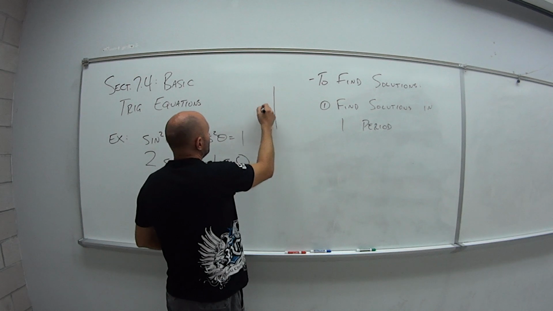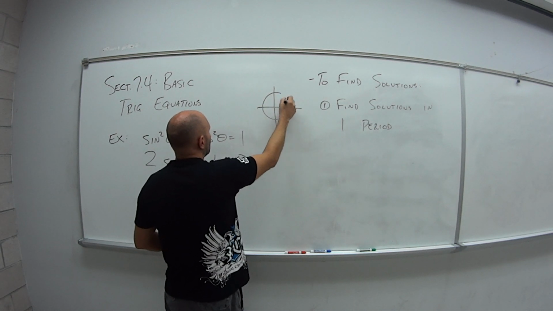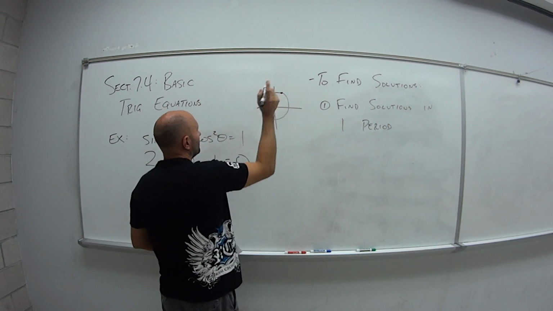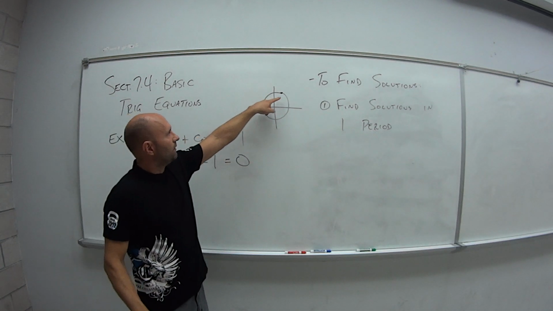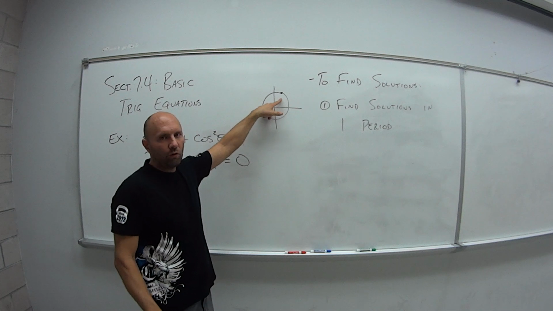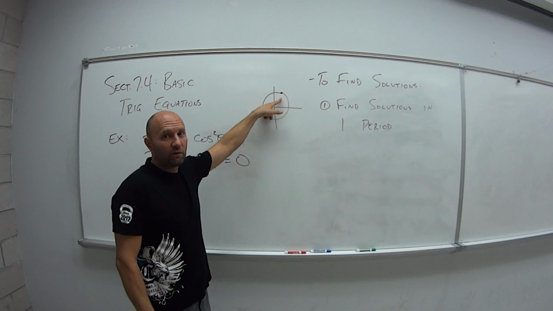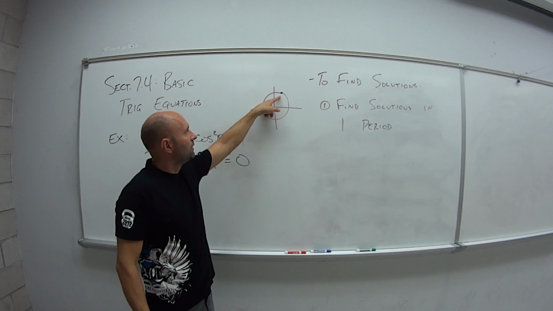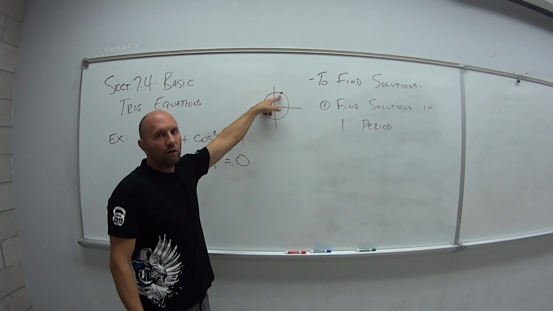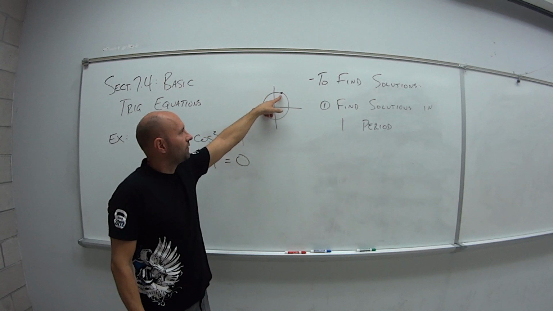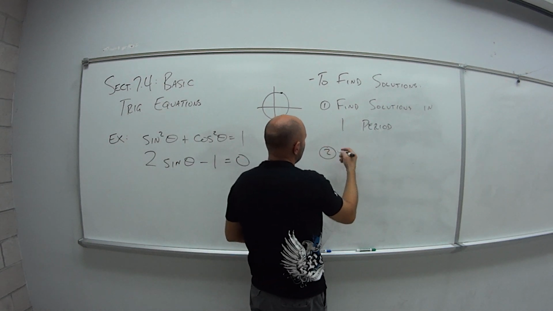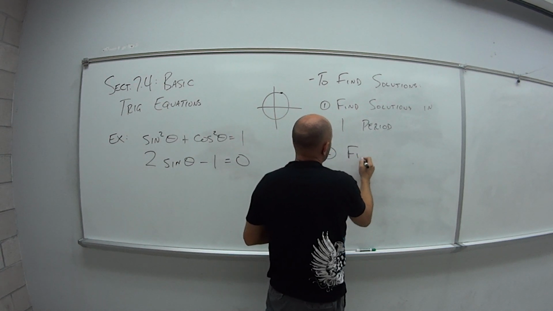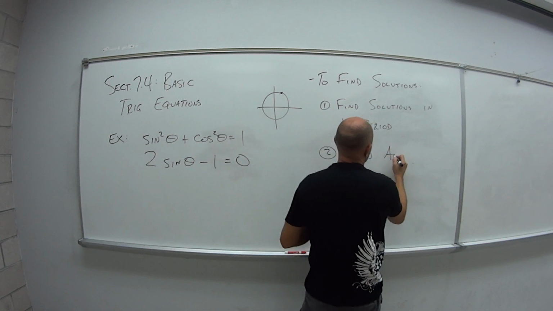Say it ends up at pi over 3. Well, what else do we know? If we go a full time around the circle, we end up at the same spot, so that's another solution. If we were to go backwards a full circle, that would end us up at the same spot. So once we find the solutions in one period, if asked, then we can find all the solutions.